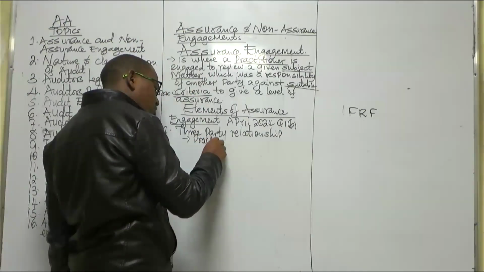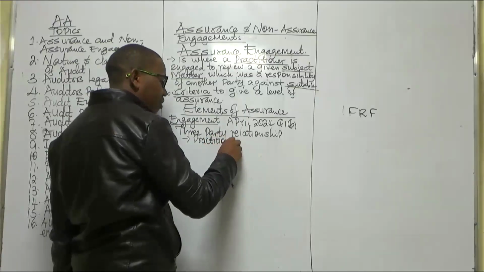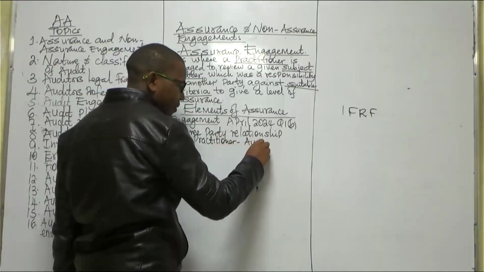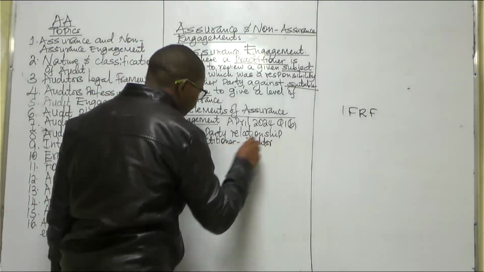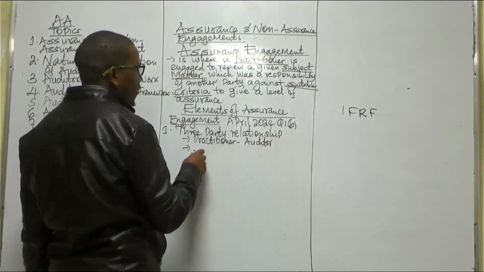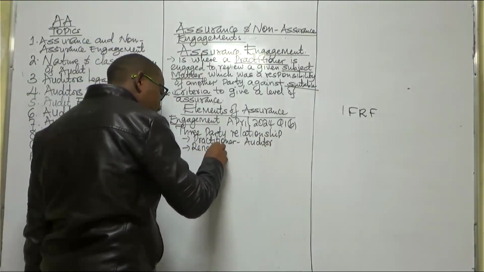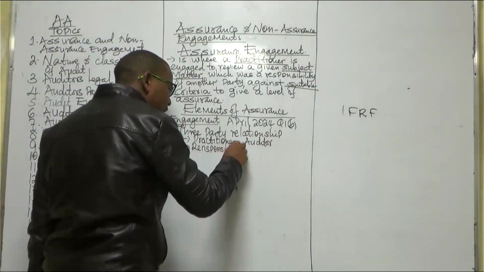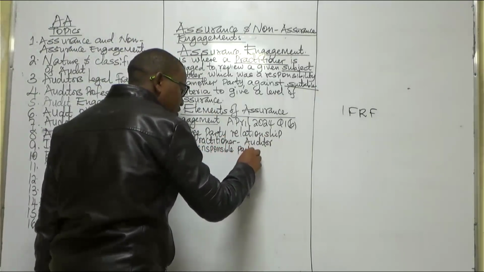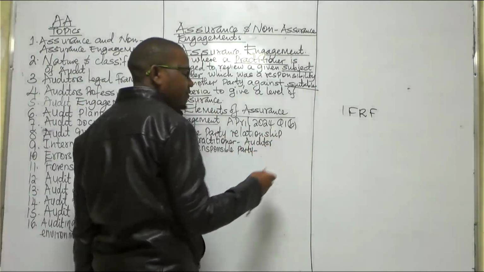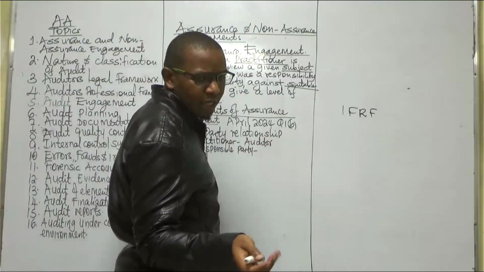There is the practitioner, who is the auditor in auditing. Then the responsible party, which is the accountant who prepares the financial statement, or generally the management.